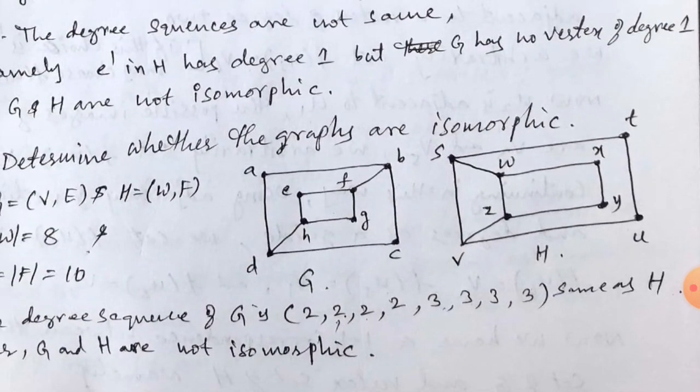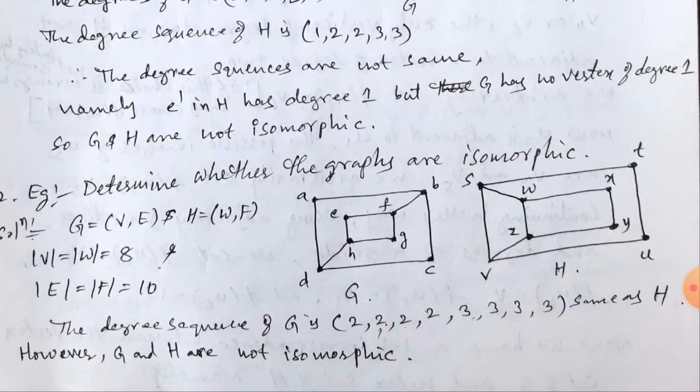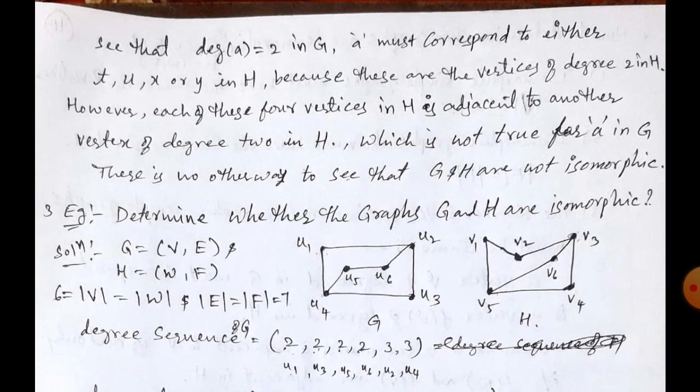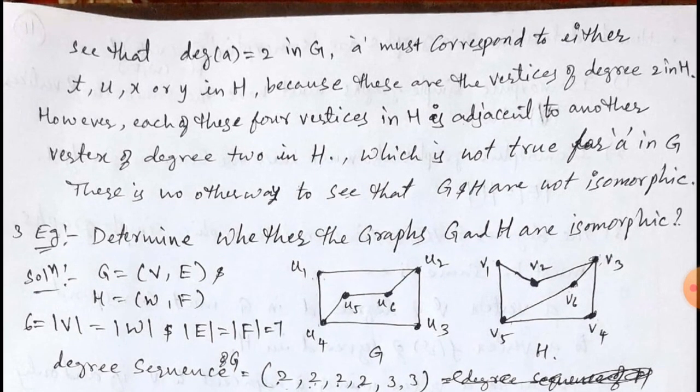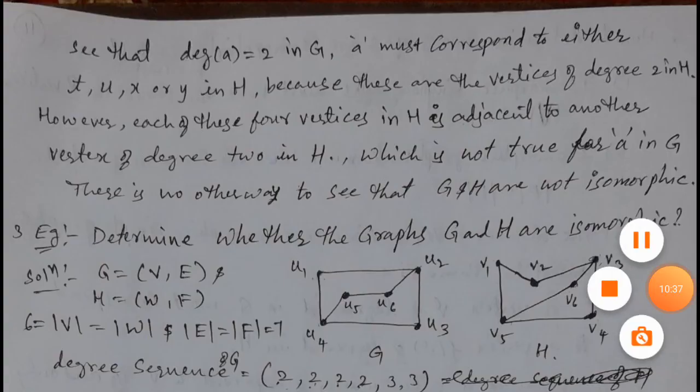That's why they are not isomorphic. If you are not understanding, read this 2-3 times, then you can observe they are not isomorphic. Okay, thank you very much.